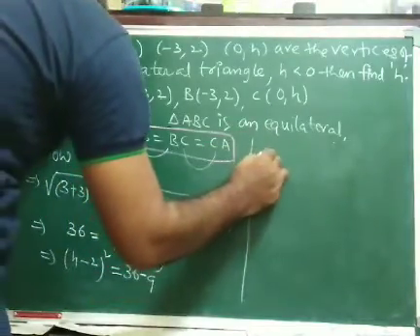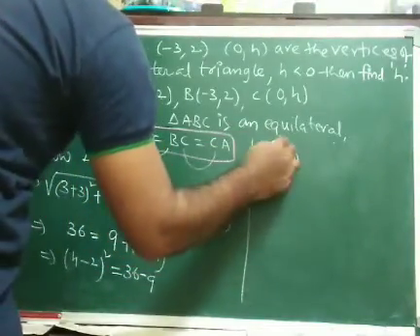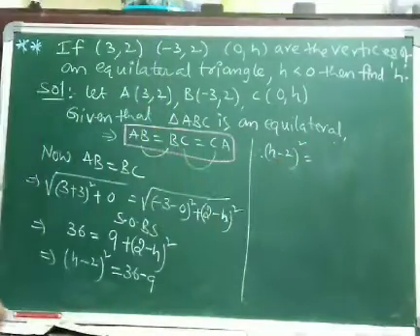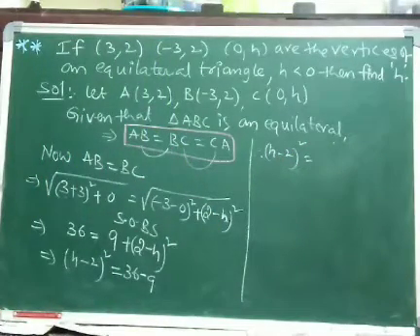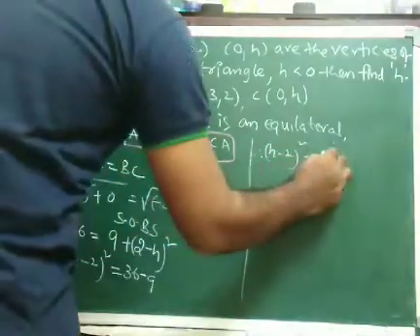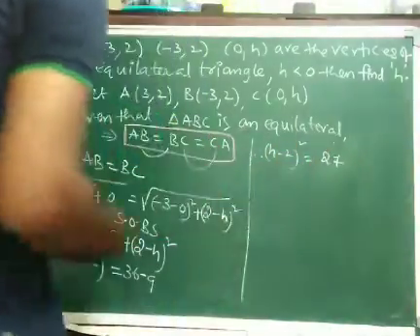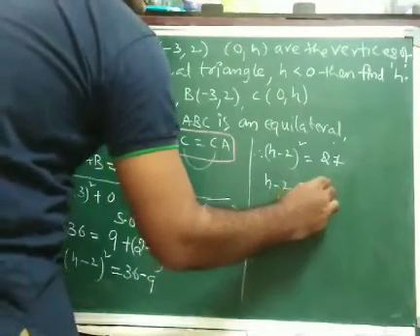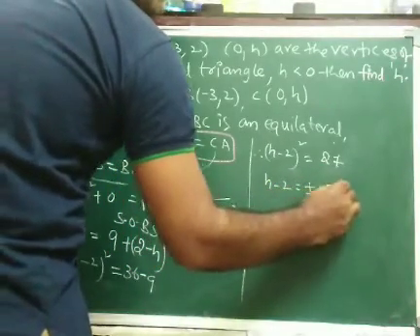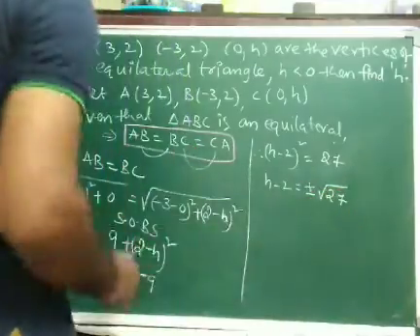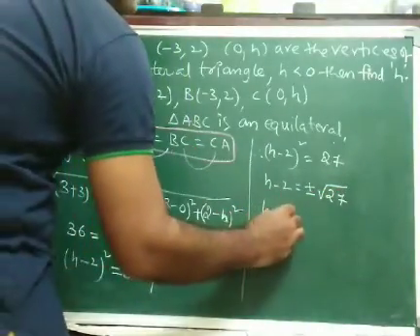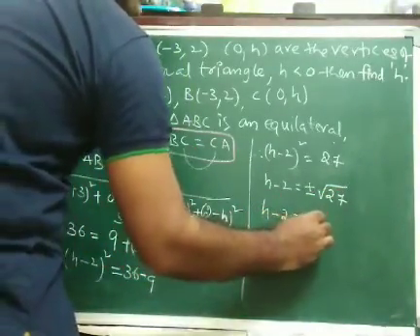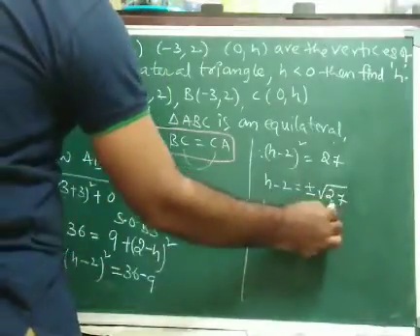So therefore (h minus 2) whole square is equal to 36 minus 9. Is it 27? Okay. Now from this, h minus 2 is equal to plus or minus square root of 27.